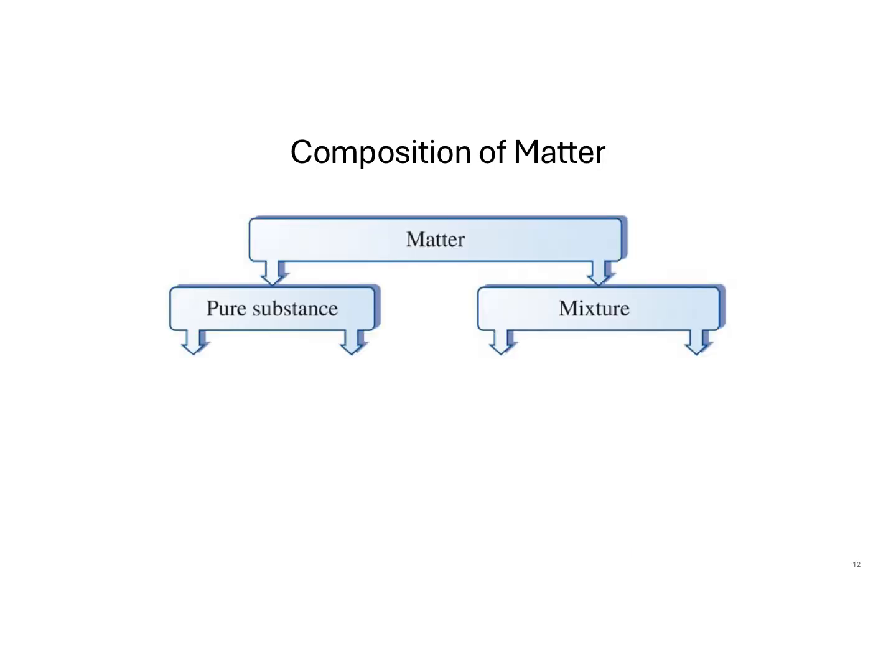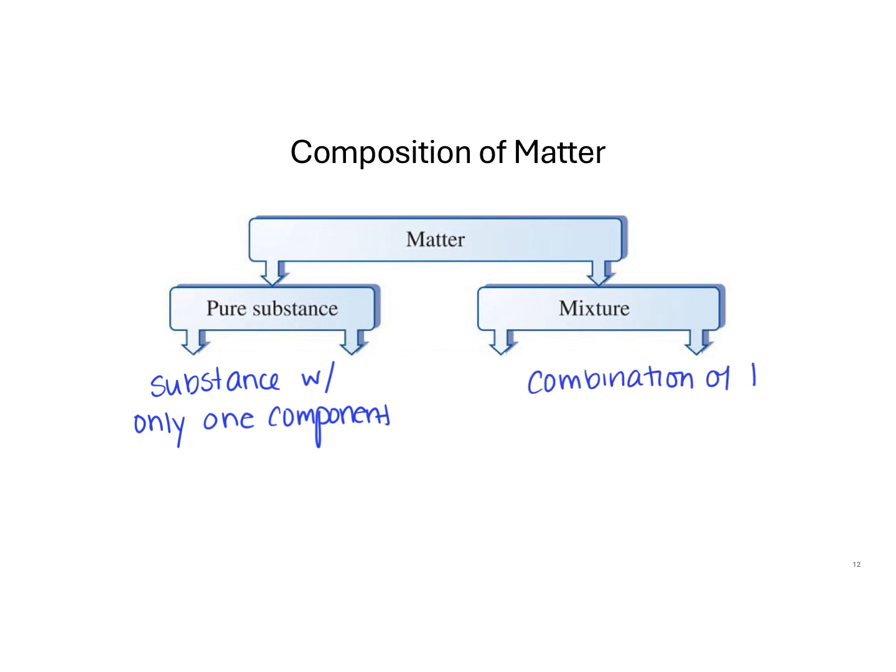Now, another way to classify matter is based on whether it's a pure substance or a mixture. A pure substance is just a substance with only one component. You can also have a mixture, and this is just a combination of two or more pure substances.